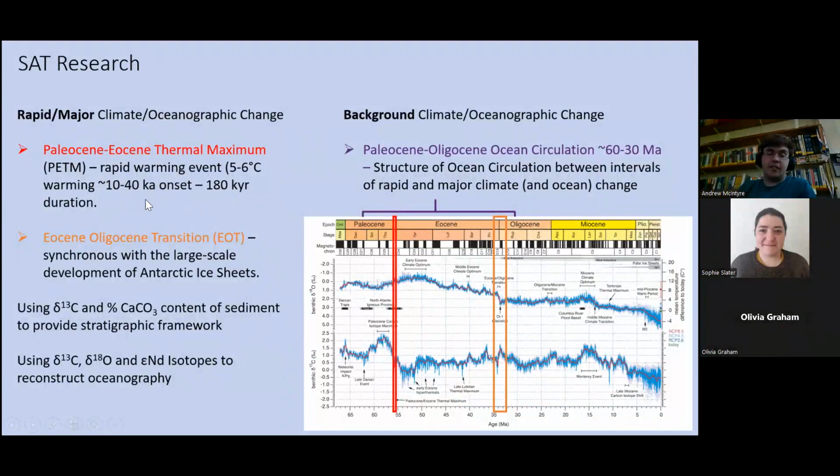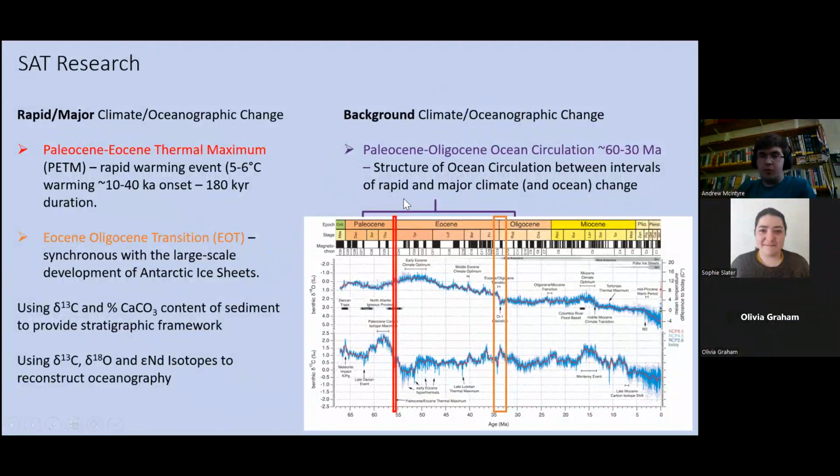So it's the closest we can get in the geological record to what is going on currently in terms of our rapid warming. Maybe there are some insights we can take from the PETM, but also looking at this transition from the really warm world of the Eocene into the Oligocene, seeing if there are any major ocean circulation changes occurring during this time interval.